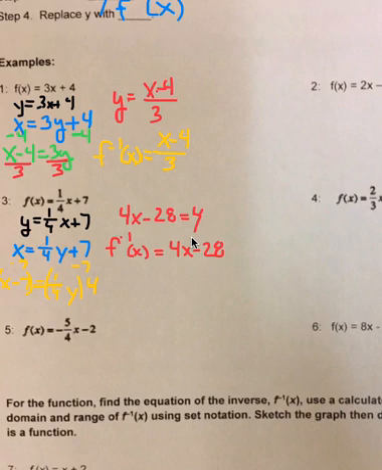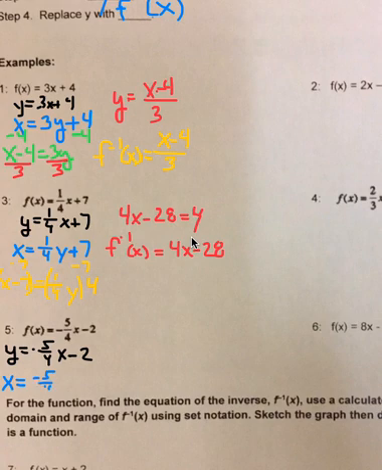So 5 says f of x equals negative 5/4 x minus 2. That's going to be y equals negative 5 over 4 x minus 2. So I'm going to switch x and y. X equals negative 5 over 4 y minus 2. Now I'm going to solve. So here I have to add 2 to both sides. So I'm going to say x plus 2 equals negative 5/4 y.